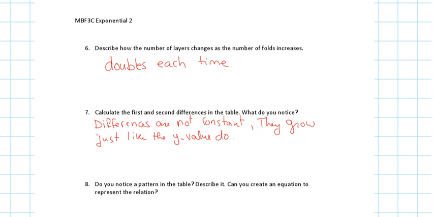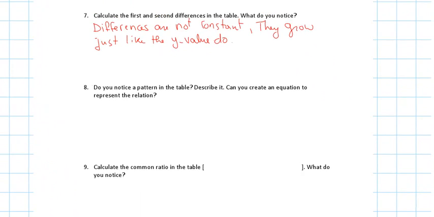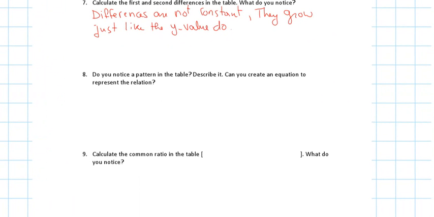What's happening to the x values? The x values are what? 1, 2, 3, right? Which is they're increasing by 1. Okay. How about the y values? What's happening to the y values? They're doubling. So they're multiples of 2, right? The pattern, they're multiplied by 2 each time.